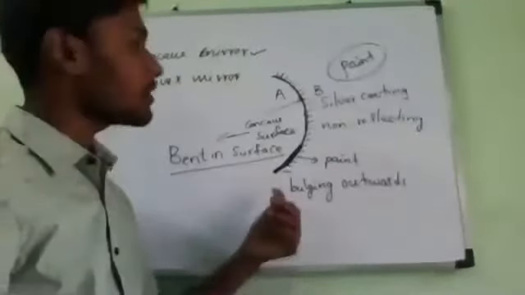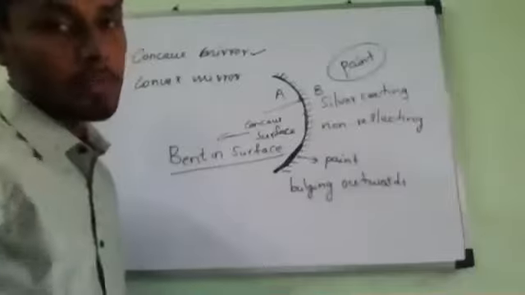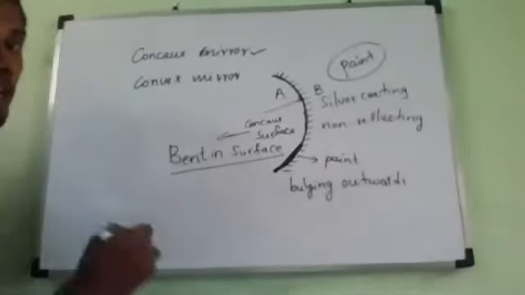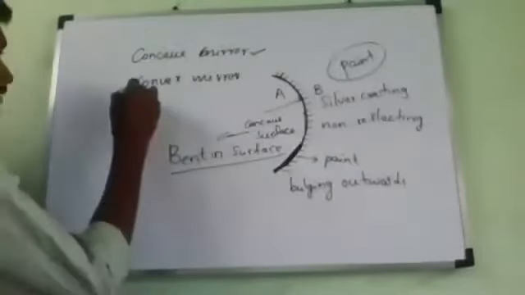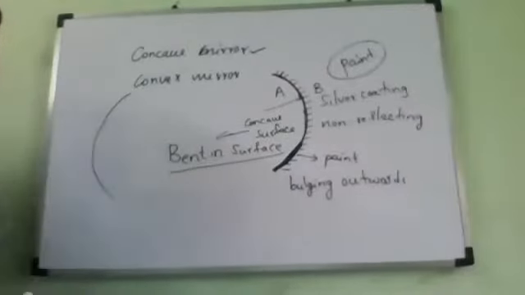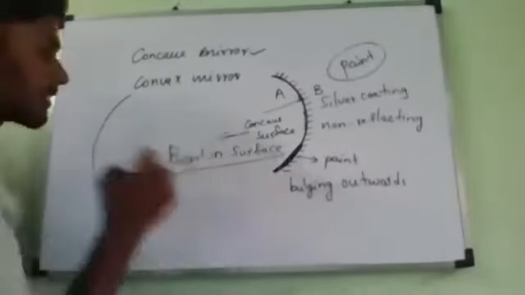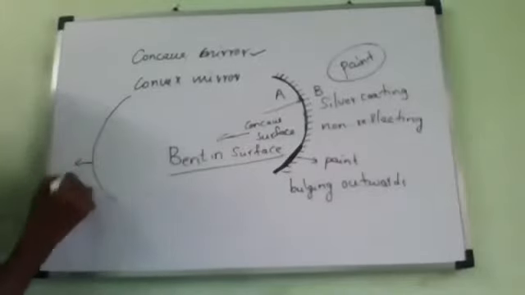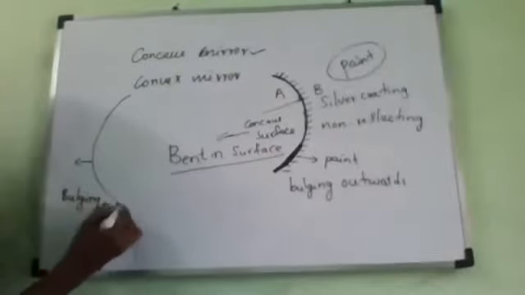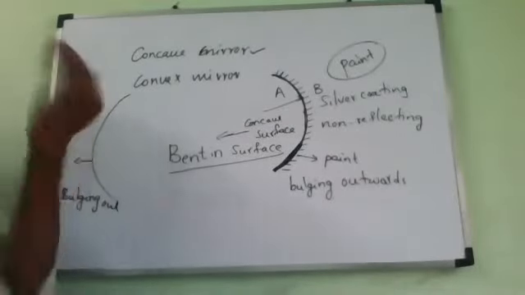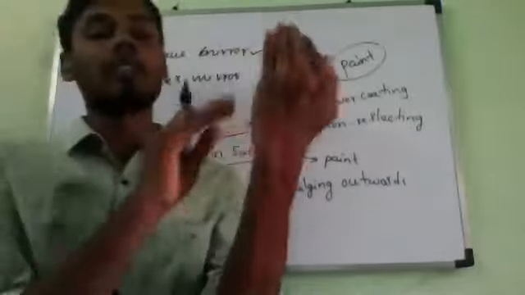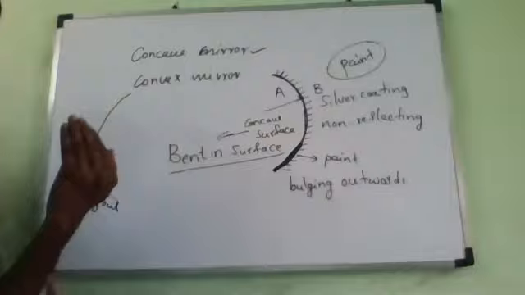Now the convex mirror is also a spherical mirror, in which the reflection of light takes place at the convex surface. Convex surface means the bulging-out surface. This is the bent-in surface, and here is the bulging-out surface. Bulging-out surface means reflection will take place from the outer surface, and the inside will be coated with silver or something.